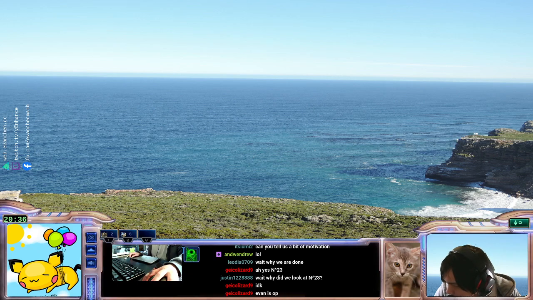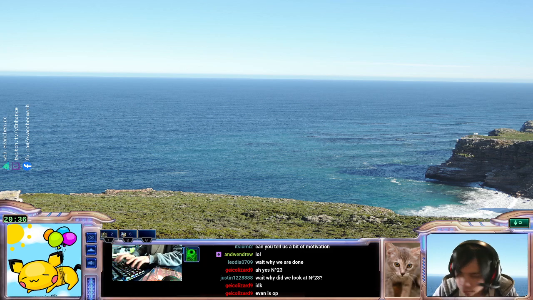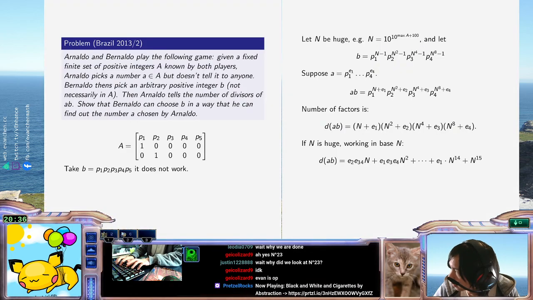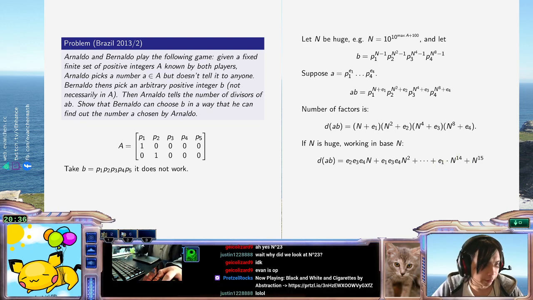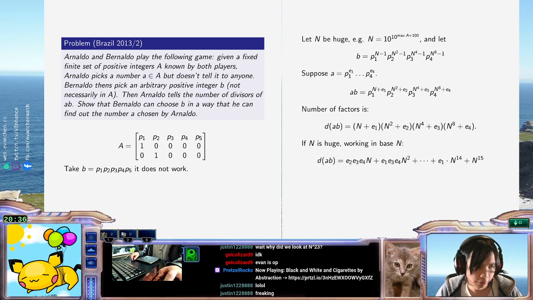Did I miss a double subscript? Because N is so large, you can read off what all the coefficients are by taking N very, very large. Okay, but that'll work.